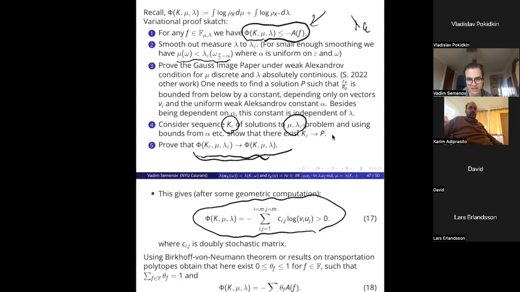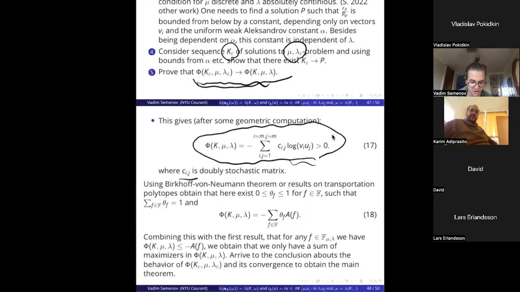It was involving integrals, but as soon as everything starts to discretize, it becomes this specific one where Cij is a doubly stochastic matrix.